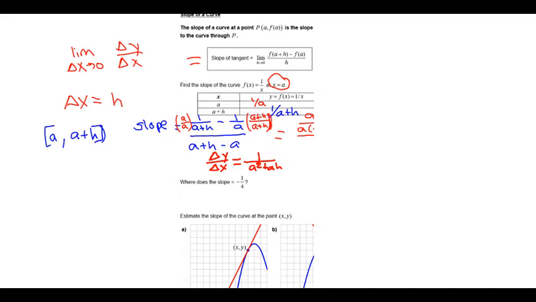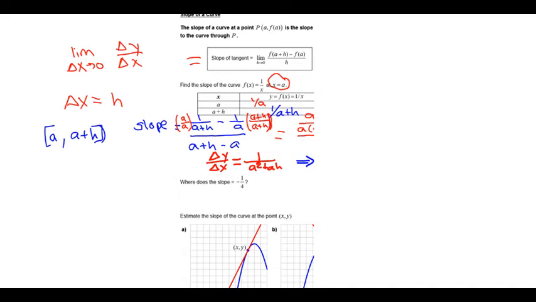And now we want to find the limit of delta y over delta x as h approaches 0. So we want the limit as h approaches 0 of negative 1 over a squared plus ah.